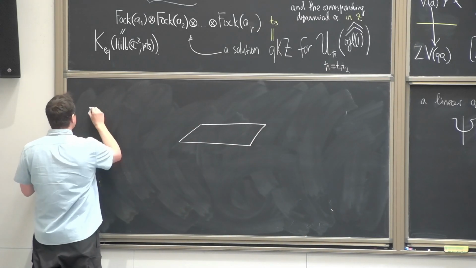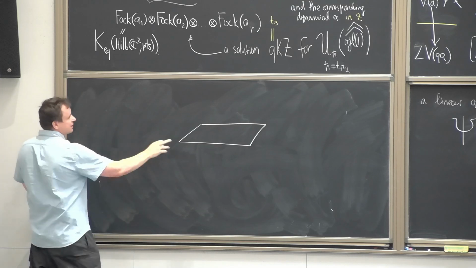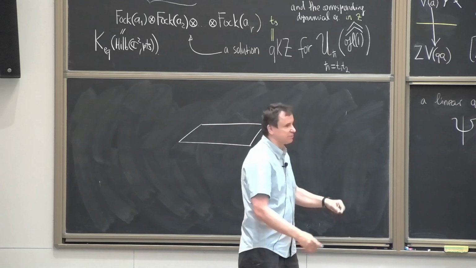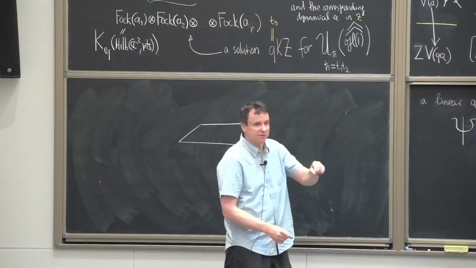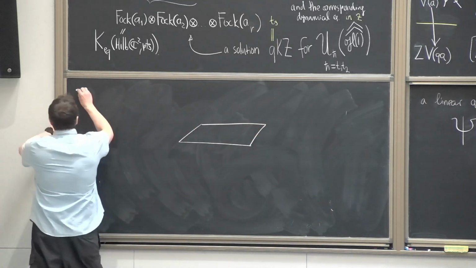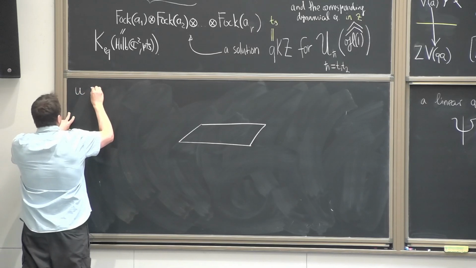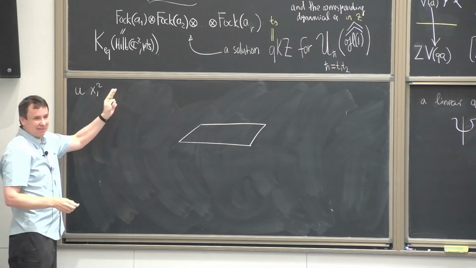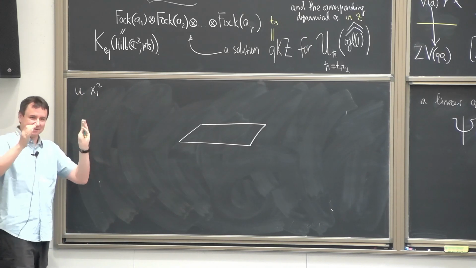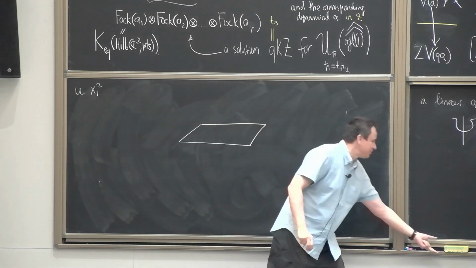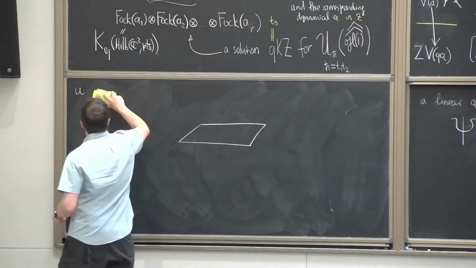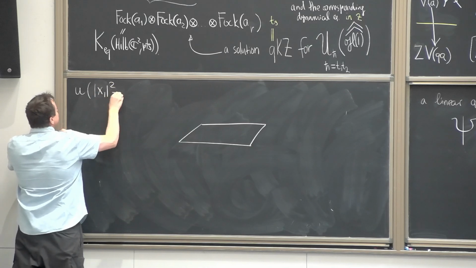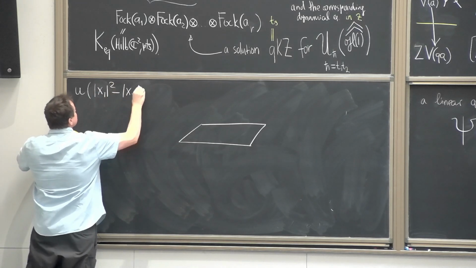You have a function, abusing notation, and I take u to be an element in the Lie algebra, because the moment map goes to the dual of the Lie algebra. So I write u times something, usually with absolute values. A typical moment map looks like this: u times the absolute value of x1 squared minus the absolute value of x2 squared. That sort of thing.